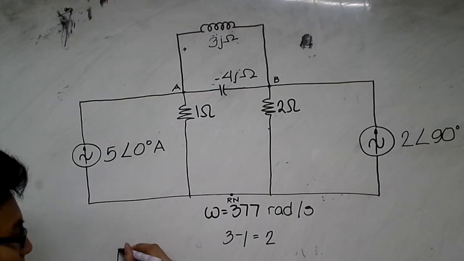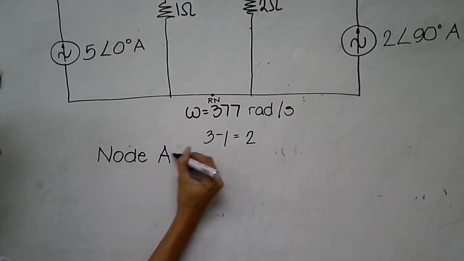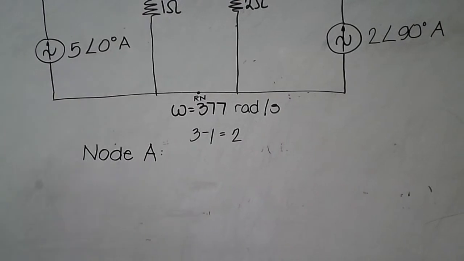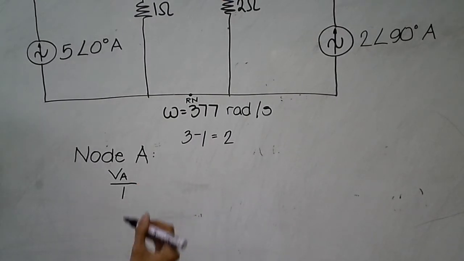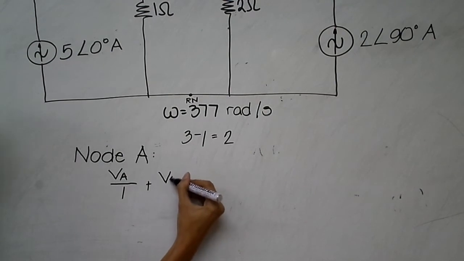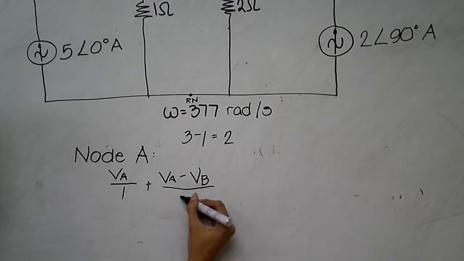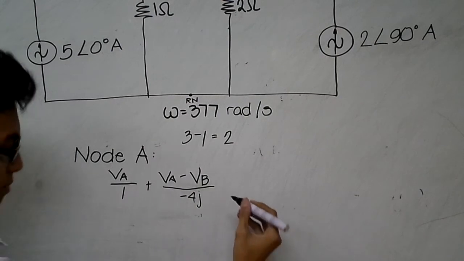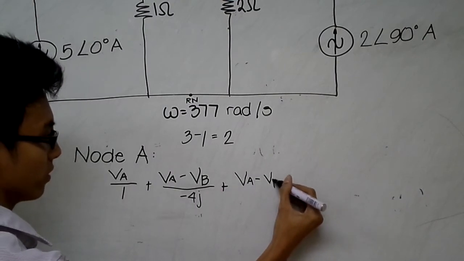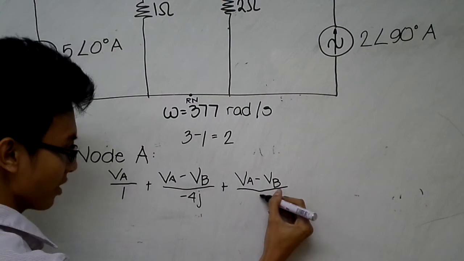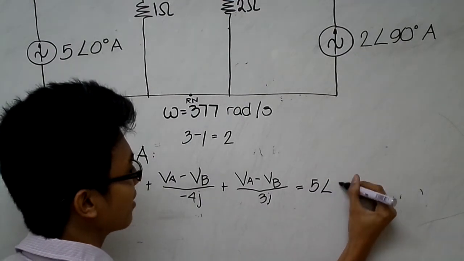So at node A, VA all over 1 plus VA minus VB all over negative 4j plus VA minus VB all over 3j is equal to 5 angle 0 degrees.